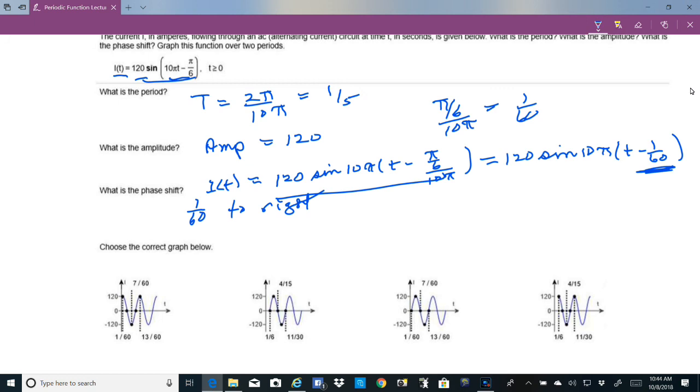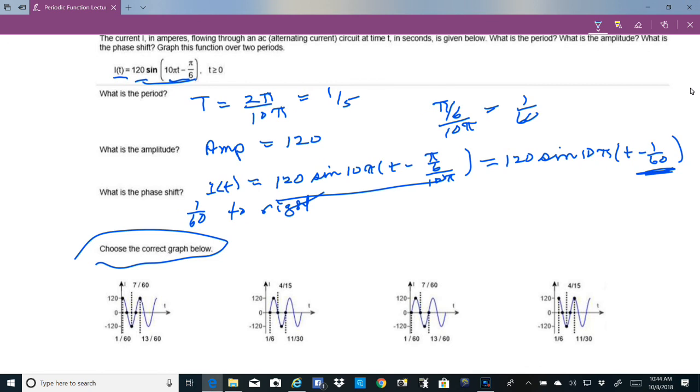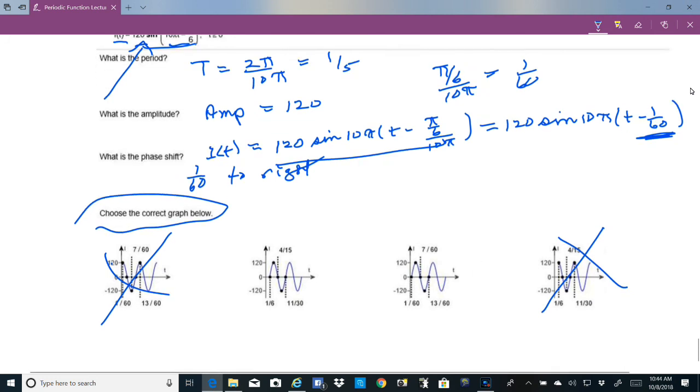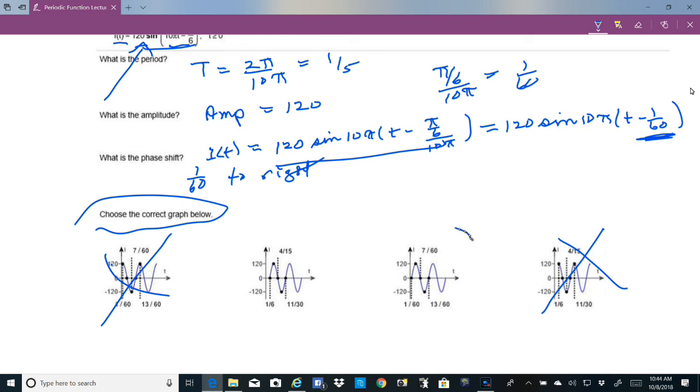Now, to choose the correct graph below, we first of all notice that this is a sine wave that's going to be shifted just a little bit, 1/60th. So first of all, we eliminate the cosine waves, and then look at the shift, and the only one that works here is the third one, where the shift is 1/60th.